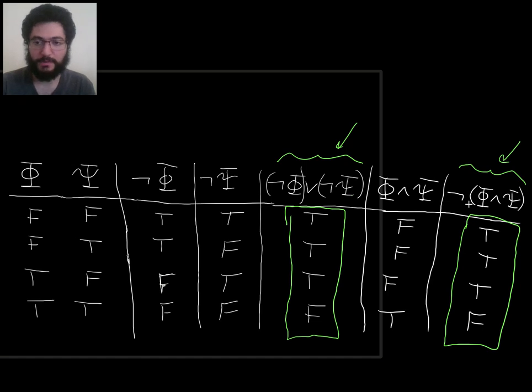And I hope you can get an intuitive feeling that those really are the same thing. So a truth table is one way to see that two complicated looking propositions involving logical connectives are actually the same, or to check whether they're different.